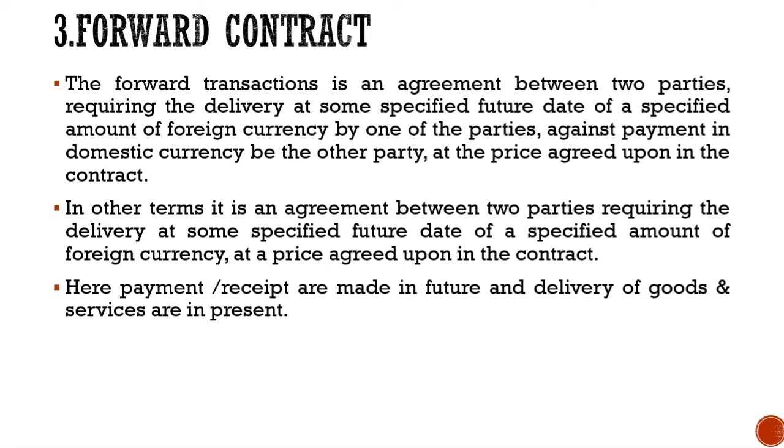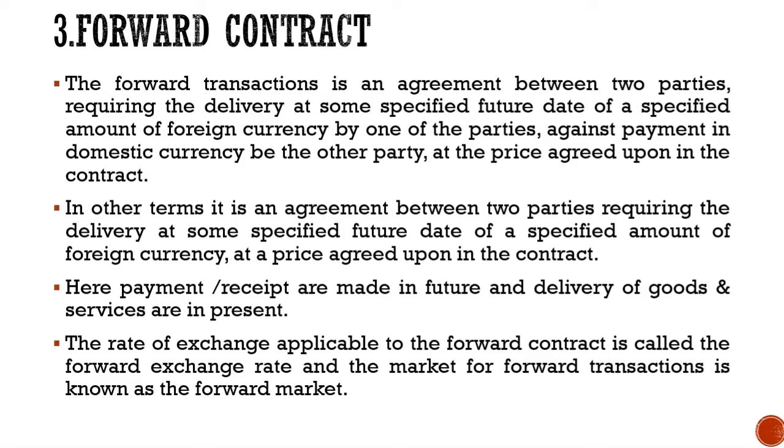Here the payments and receipts are made in future and the delivery of goods and services is in present, whereas in a future contract, the delivery and payment both are in future. The rate of exchange applicable to the forward contract is called the forward exchange rate, and the market for forward transactions is known as the forward market.